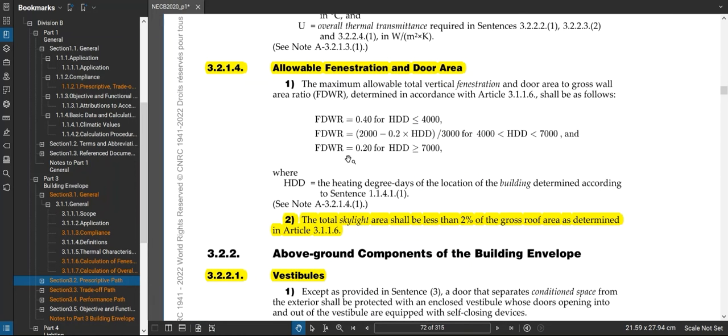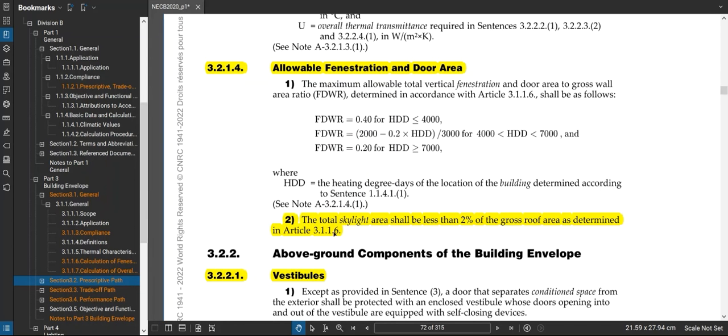So this is basically where the energy code's telling you that if you're going to meet the prescriptive approach, you can only have a maximum amount of fenestration percentage on your building and door area. So the easy way to figure out what does that mean for me is just go to the appendix.